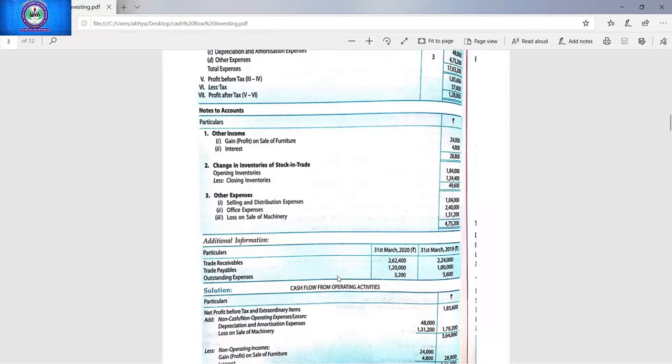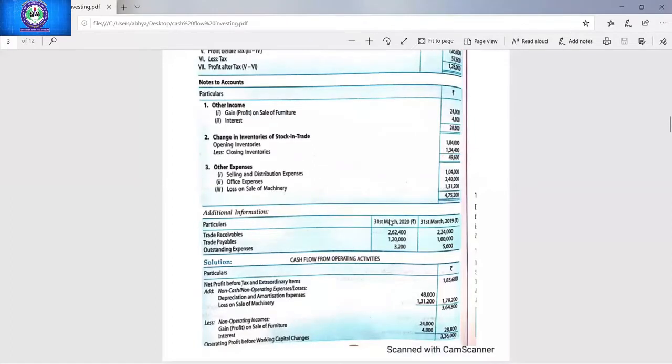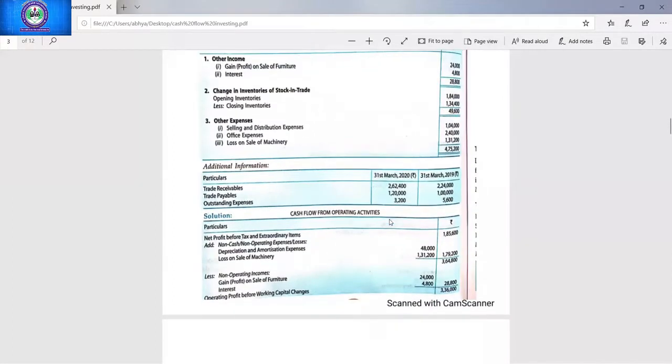If profit before tax is there, it means till now we have not paid the tax, so how could we make reserves or declare dividend or interim dividend? All these are declared or made only after paying the tax. It means those steps have not been subtracted yet, so we need not add them back. So profit before tax is 1,85,600, and we will start with this amount.